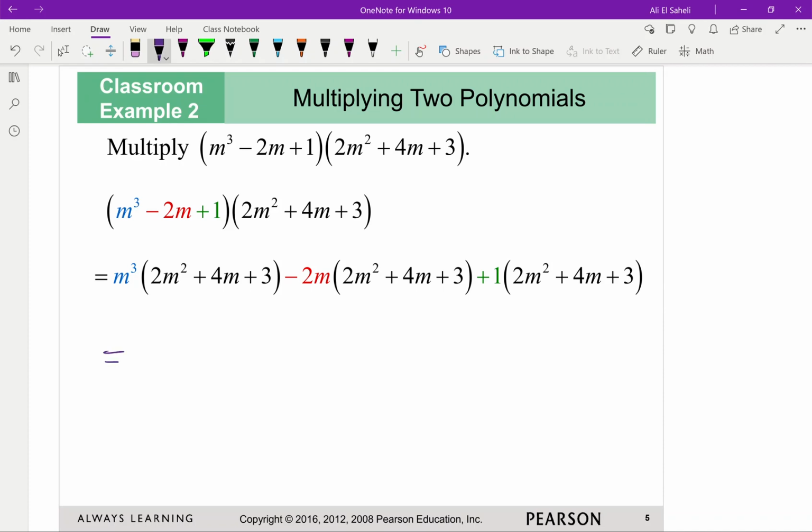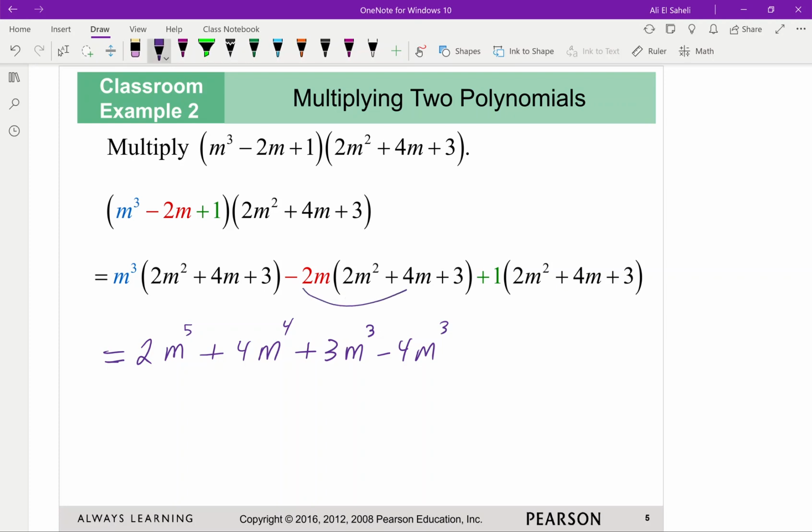So we do it like we did it above. 2m to the power 3 plus 2, plus 1 plus 4 is 4, m to the power 3 plus 1, plus 3m cubed. Now the second one, minus 2 times 2 is minus 4, m to the power 1 plus 2.